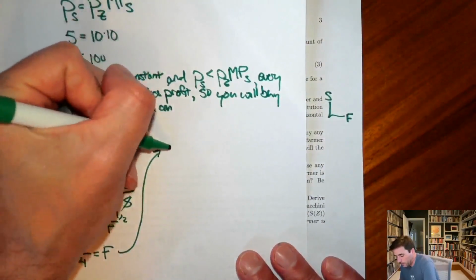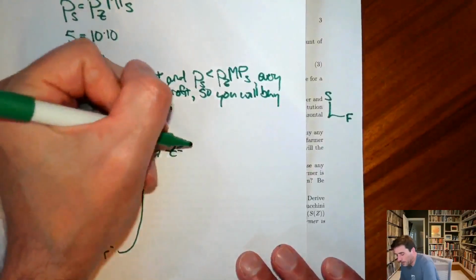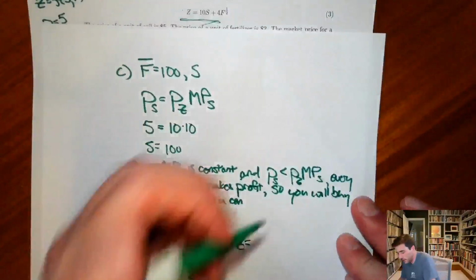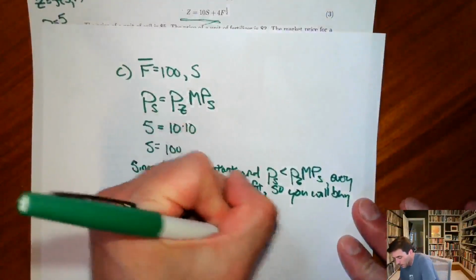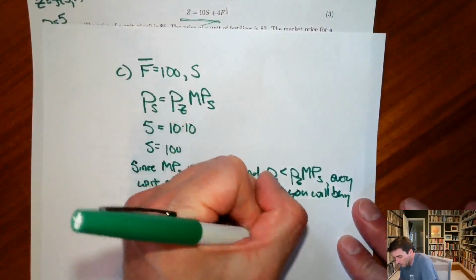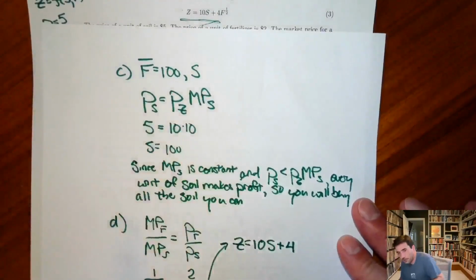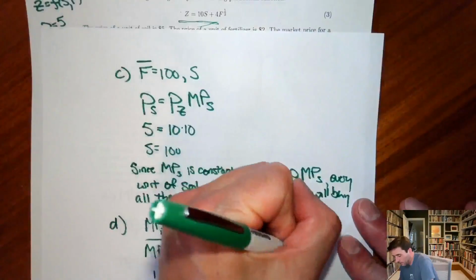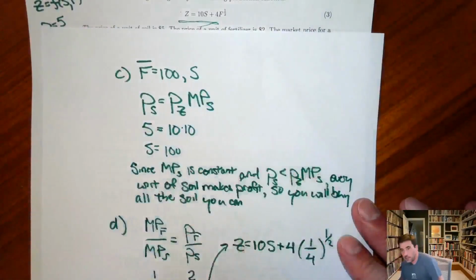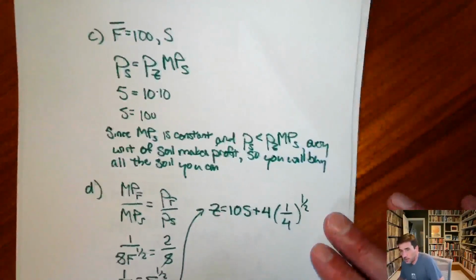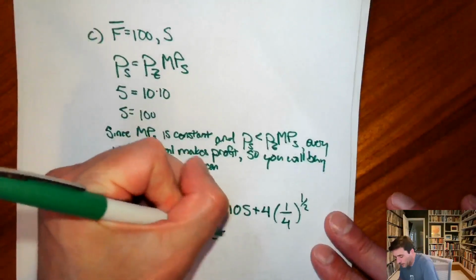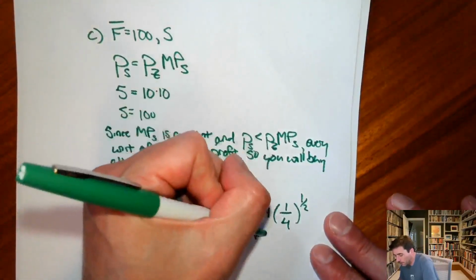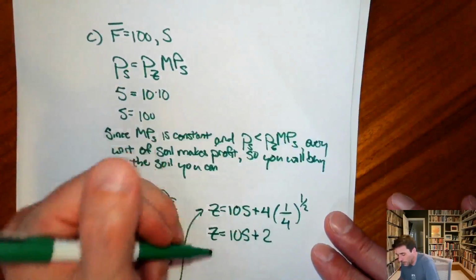And I'm going to say that Z is equal to, we're going to go back to the function from earlier, Z is equal to 10S plus 4F to the 1/2, but I'm going to plug that in for F. So F is 1/4, that's getting raised to the 1/2. So now I've got that Z is equal to 10S plus 4 divided by 2, which is just 2, right?